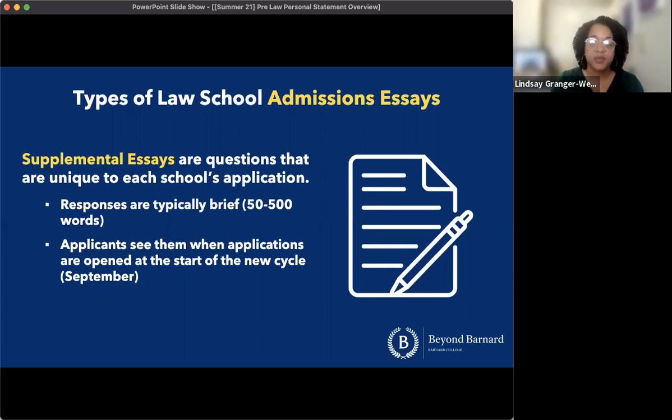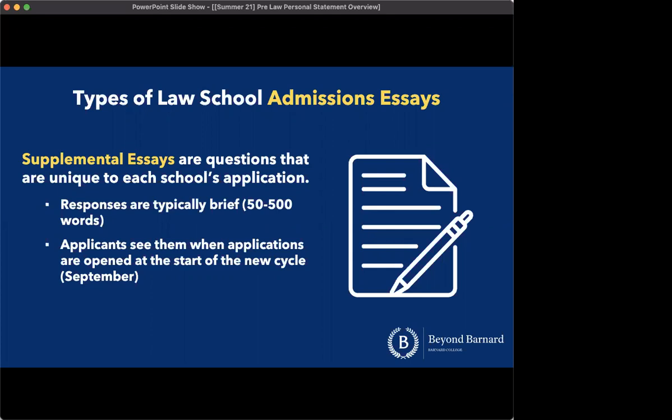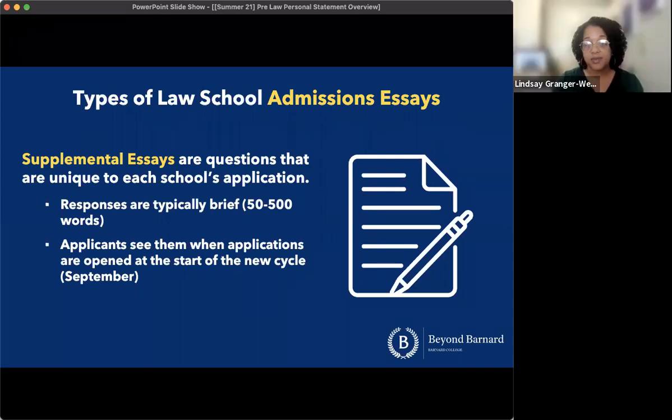But they're really questions that the schools individually want to know about you. You are responsible for typically 2 to 3 per school. They say that they're optional, but you should submit at least one of these supplemental essays, and you don't get to see what they are until the applications open at the beginning of the new cycle, which is September.